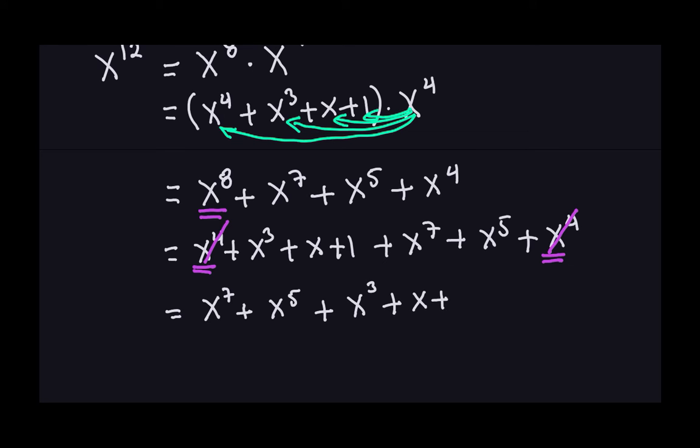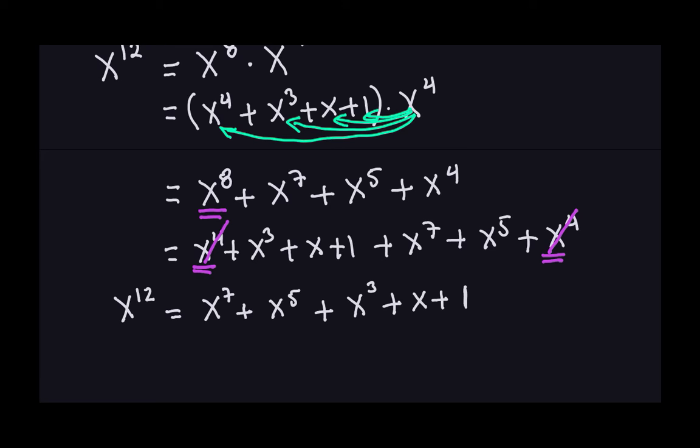That polynomial that I just wrote down is this one that is right here, but just organized in decreasing order. So basically what I'm saying is that x to the 12 is equal to that polynomial over there. Now this doesn't make sense in college algebra, but it does make sense in the Galois field.